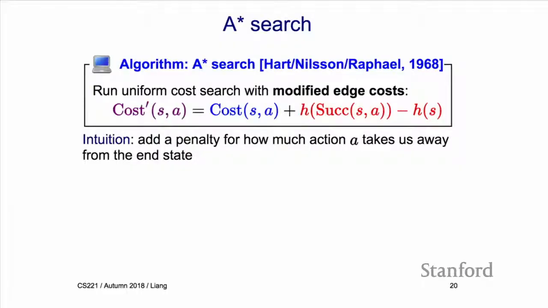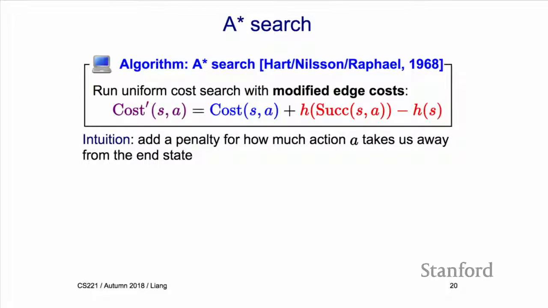All right. So now I want to show you a different formulation of the A star search algorithm. I already told you the simplest formulation, which is that we prioritize now by past cost plus h of s. Now I want to also describe this in a different way.